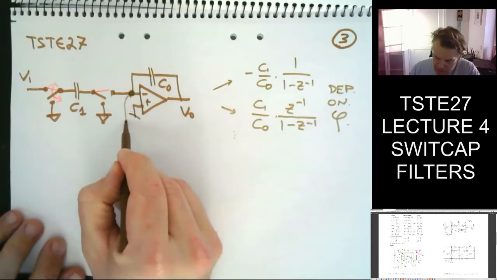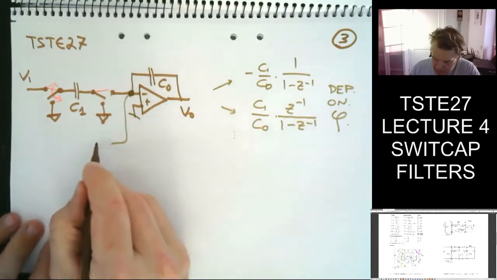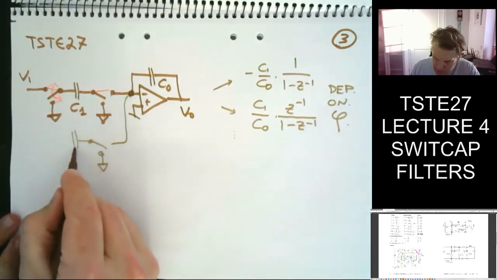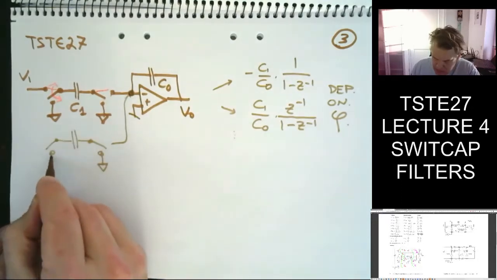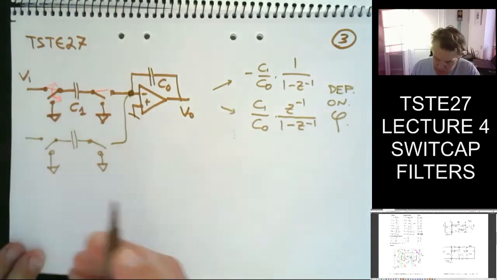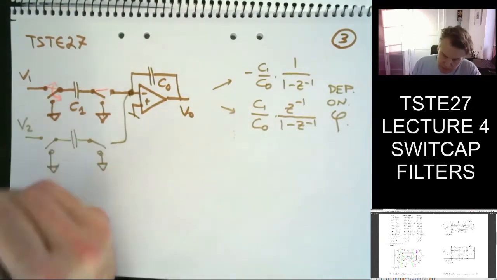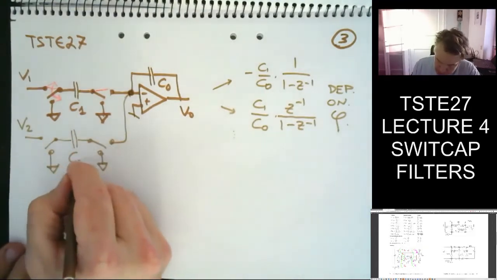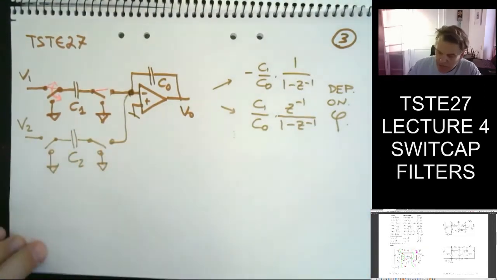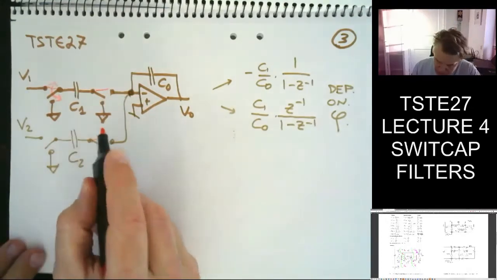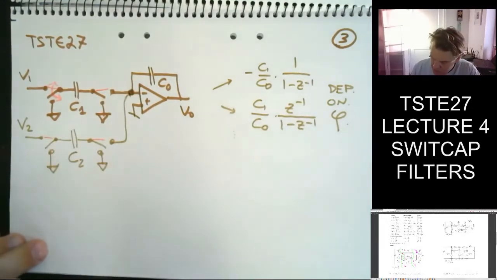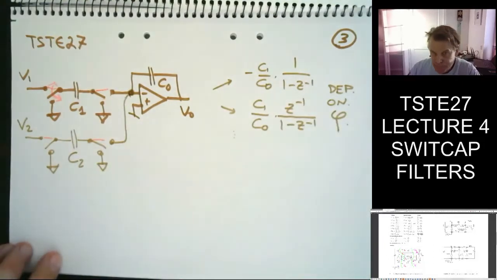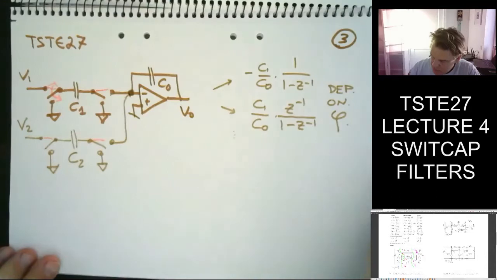So if I just take another path here, like this, and connect another input, say V2, and C2 then. And then once again, we could play around with the capacitors here. Sorry, with the switches here.